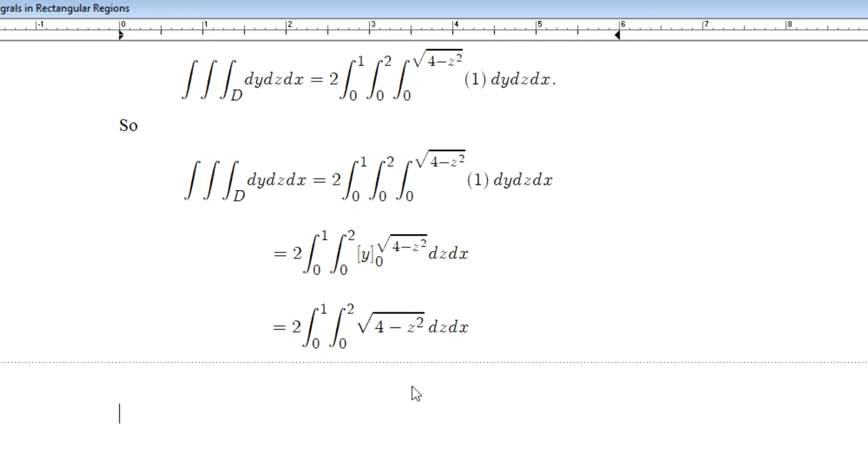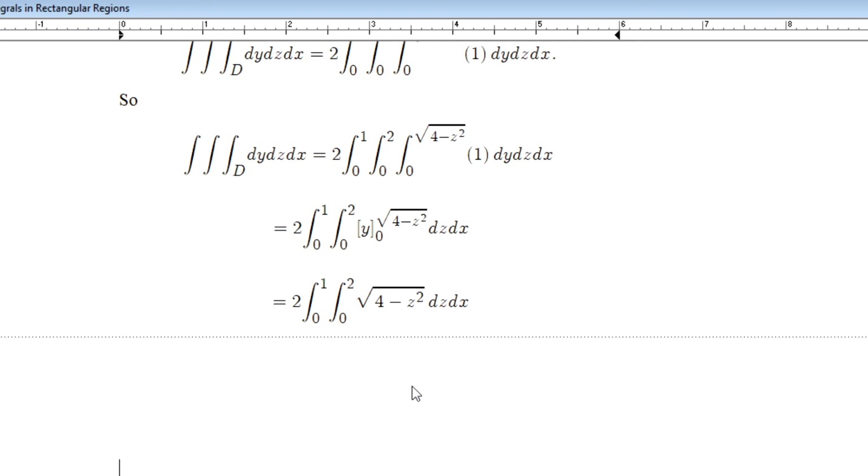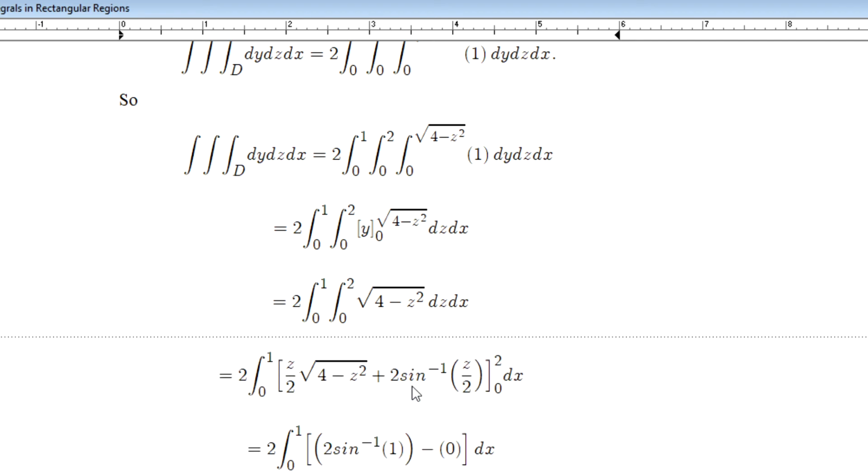Now you're going to say to yourself, how do I do that? Keep in mind this would involve, if you want to get into it, a little trigonometric substitution. But what I always suggest doing before you dive into a trigonometric substitution is you check the integration tables. If you go back and look at the integration tables, there's a result in our tables for this specific case of an integrand.